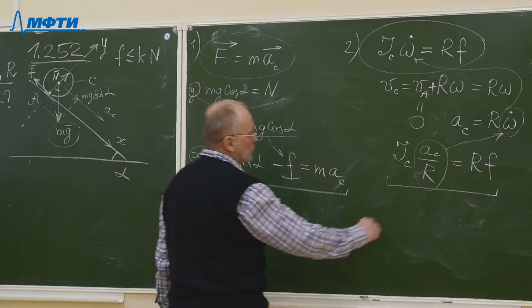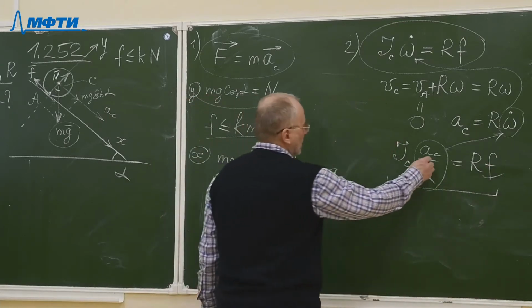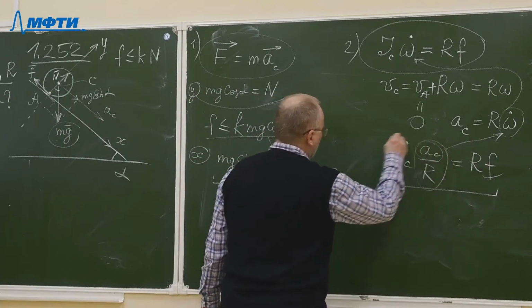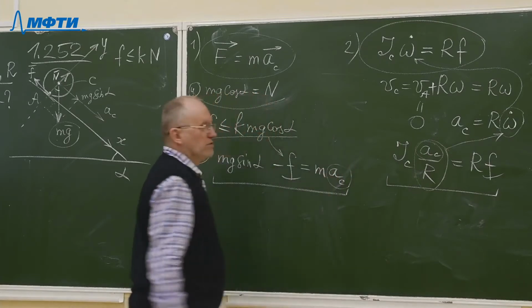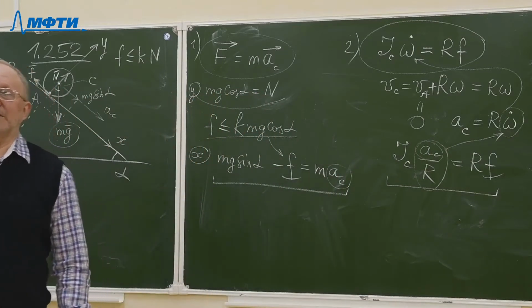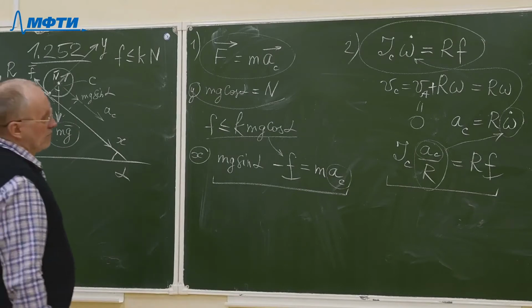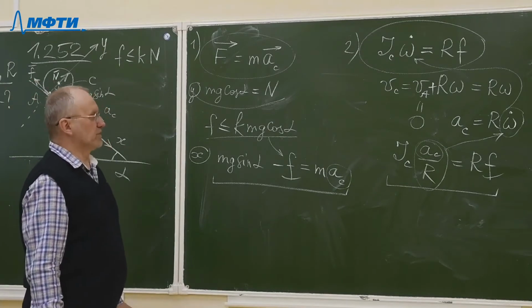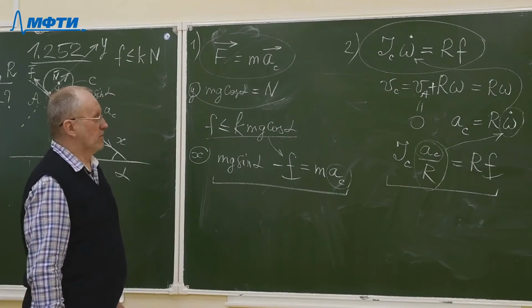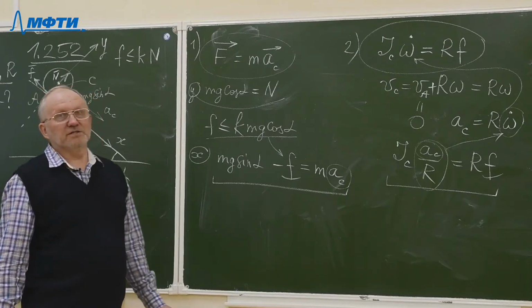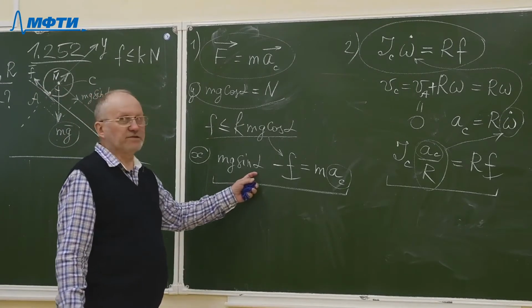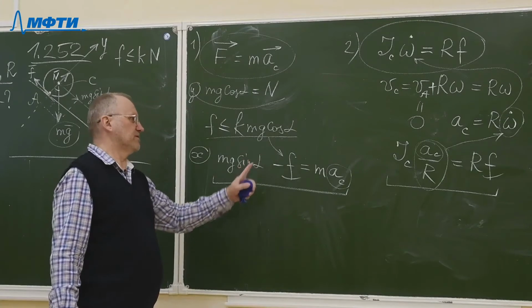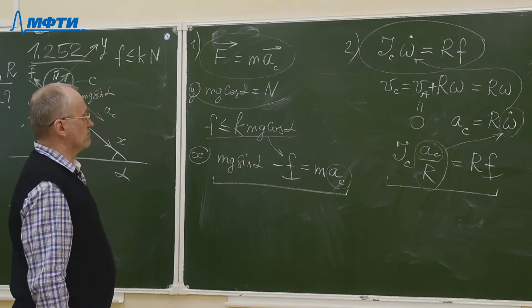That is the force of friction, which is unknown, and acceleration of the center of mass, which is also unknown. Two unknown quantities can be found from two equations, if these equations are correct. If one equation is not a consequence of another equation, then we can find both unknown quantities.